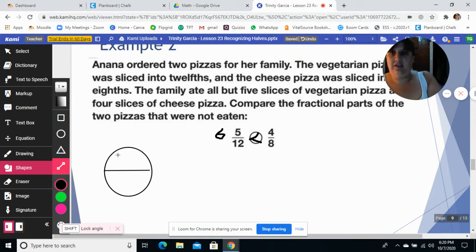Okay, let's try that again. Now we've got 4 pieces, but they said they divided it in 12. So if we put another line across, now we have 1, 2, 3, 4, and then 2 bigger ones, 5, 6.